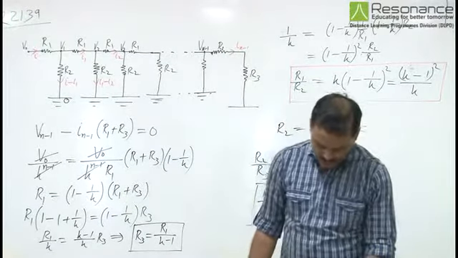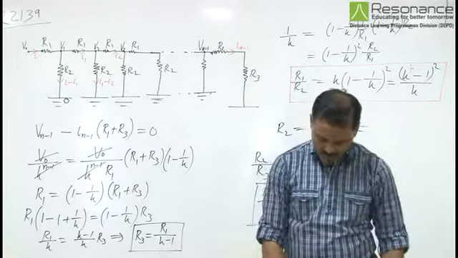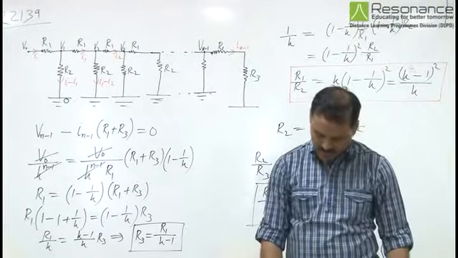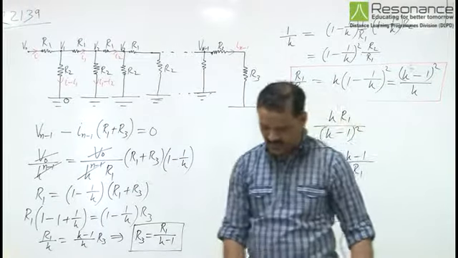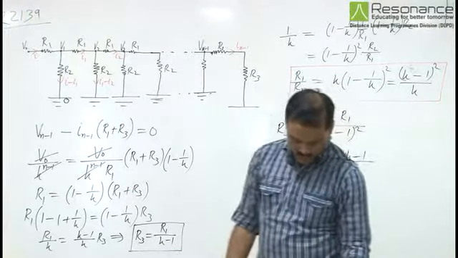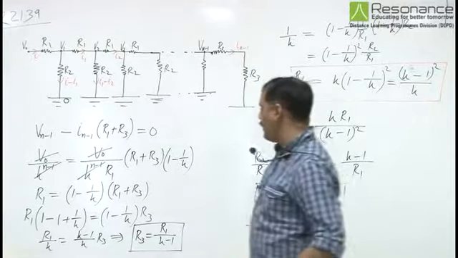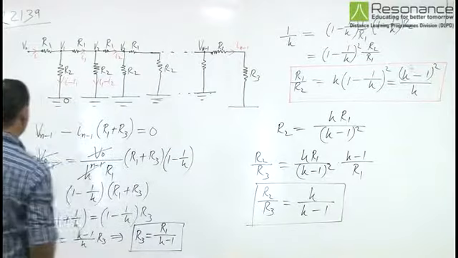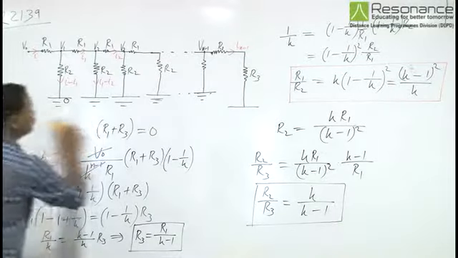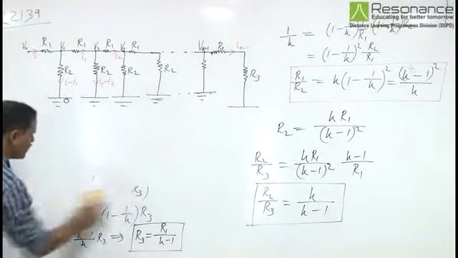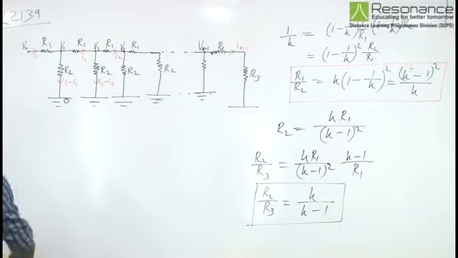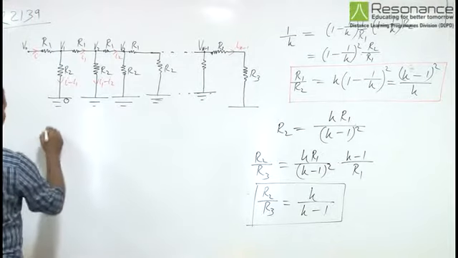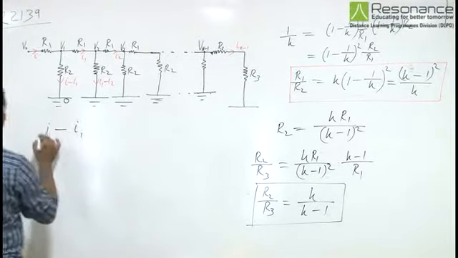Now the second part is the current that passes through the R2 nearest to V0, in terms of V0, K and R3. The current passing through R2, which we have already found initially, is I minus I1.